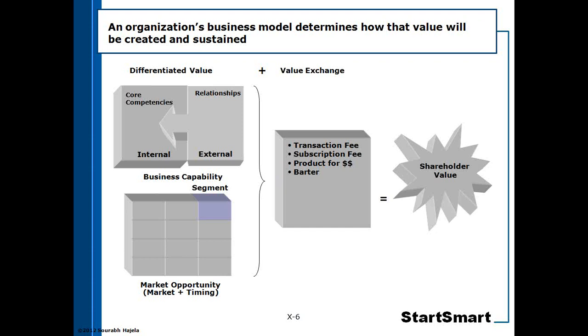But just the fact that you possess core competencies, that you have relationships, that you have identified a market opportunity is not sufficient for you to say, I have a business model, because a business model cannot be converted into real value unless there is a means of value exchange. So when you look at certain car companies that give you a car for dollars, that's one way of value exchange.